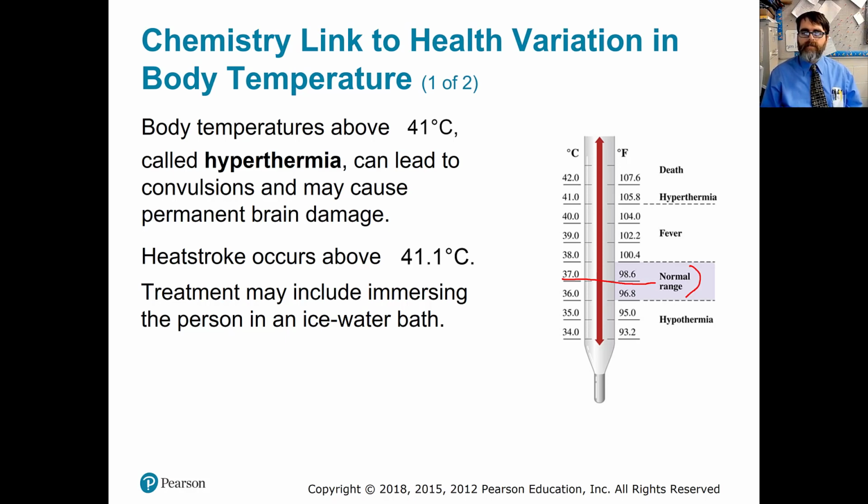But above this, you have hyperthermia temperature. Hypothermia, you've probably heard of before, but hypothermia is cold, a low temperature, but there's a normal range for the human body. Hyperthermia, we usually get into calling this region here fever. Death can occur.